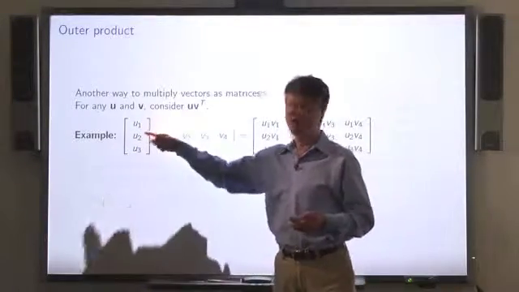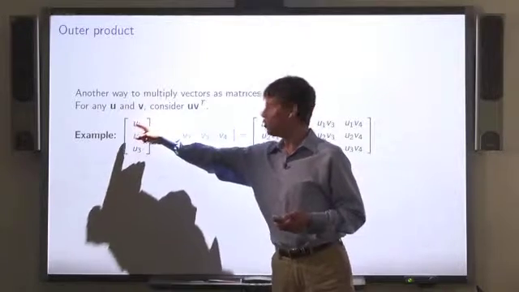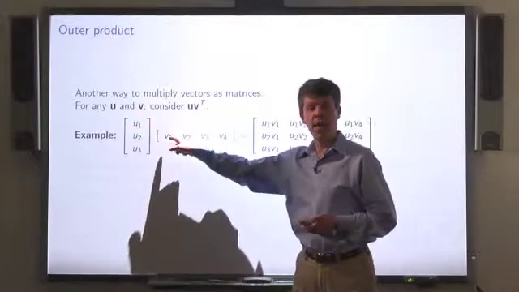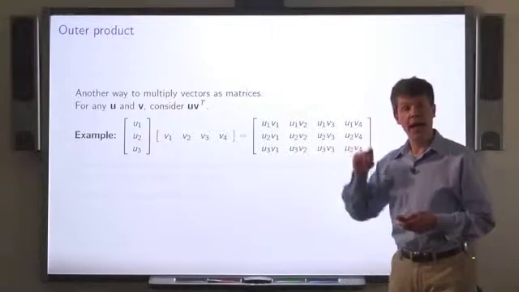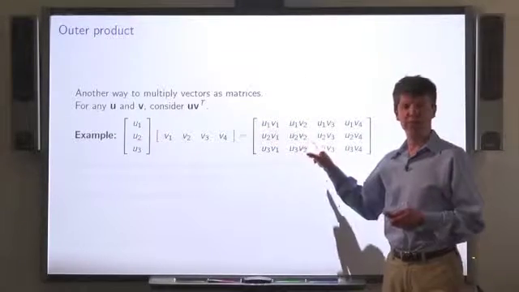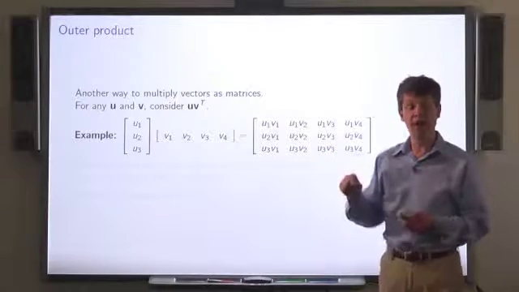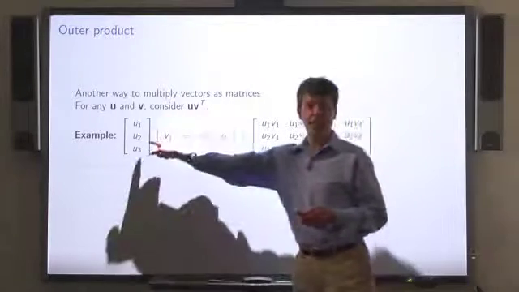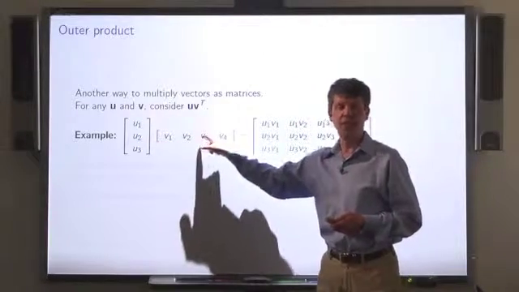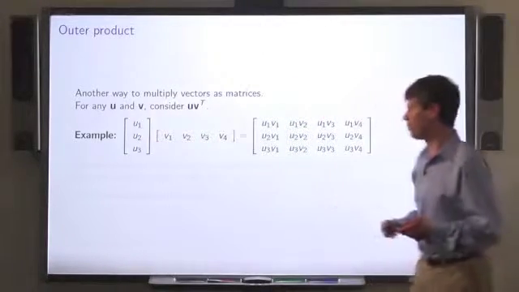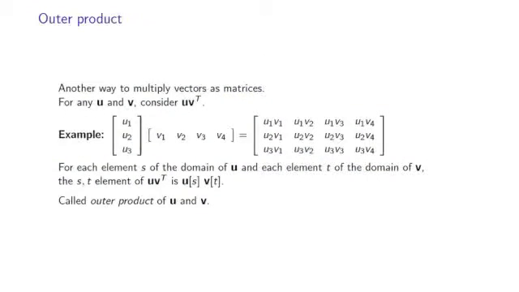Well, that's just the product of this one entry U1 by the one entry V1. Similarly, the ij entry of the product is the product of the ith entry of the first vector by the jth entry of the second vector. This is called an outer product of two vectors.